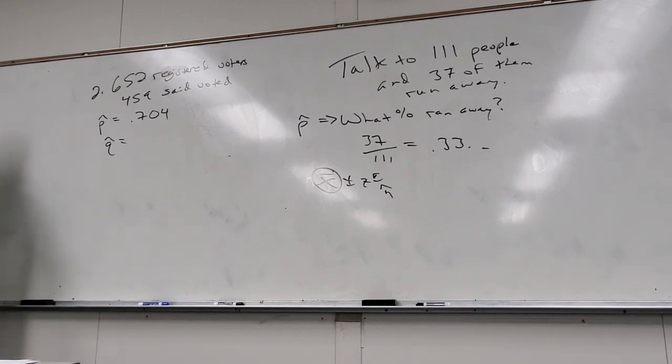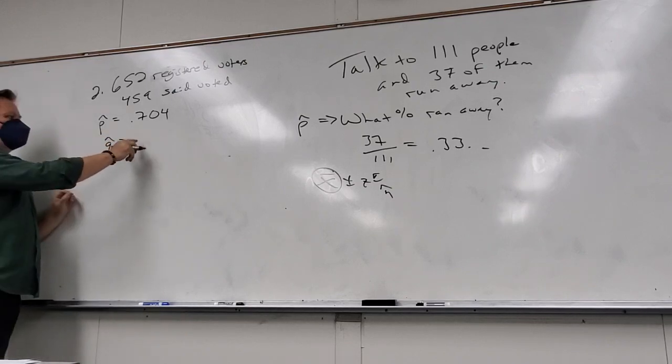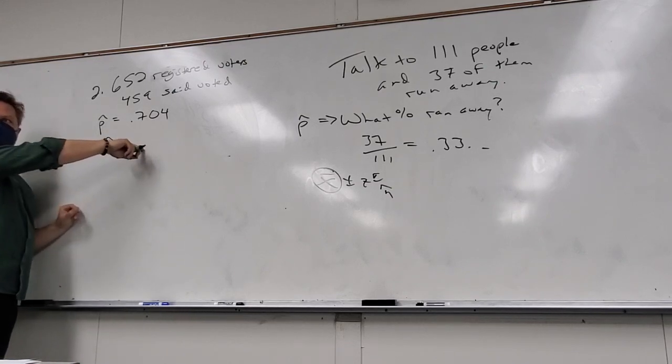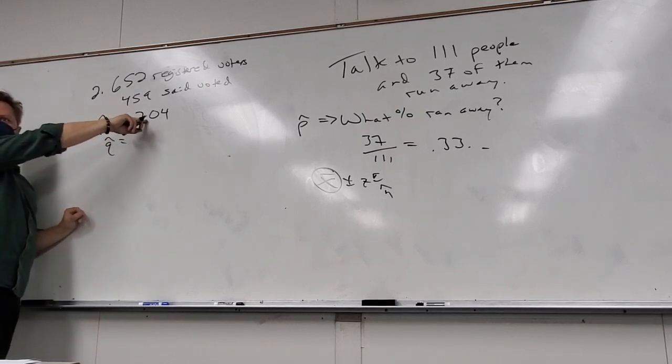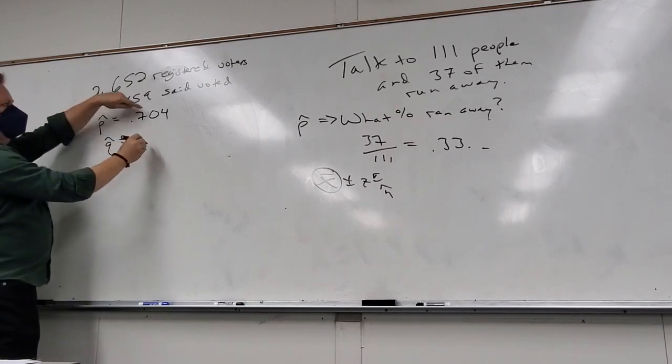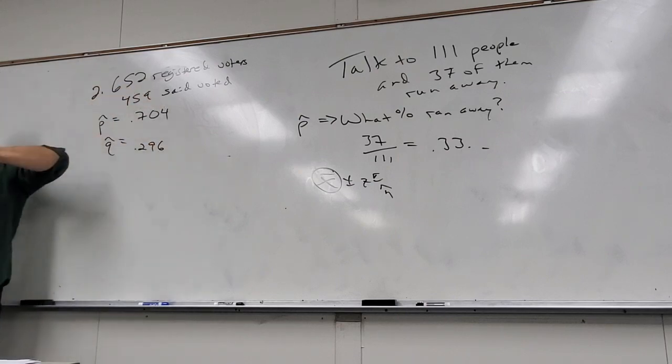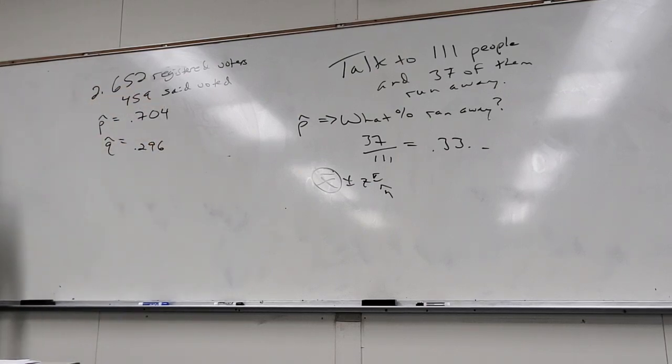Of course together they make 1, that's everything. So if together they make 1, how do I figure out what q-hat is? Just do 1 minus this, right?